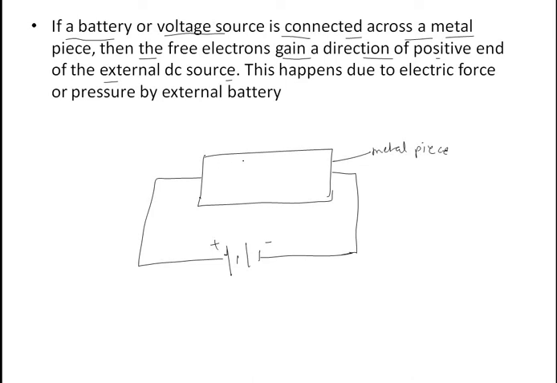These electrons move in a particular direction, from the negative end to the positive end, to the higher end of the battery. So the force required to move the electrons in a particular direction is nothing but electromotive force.